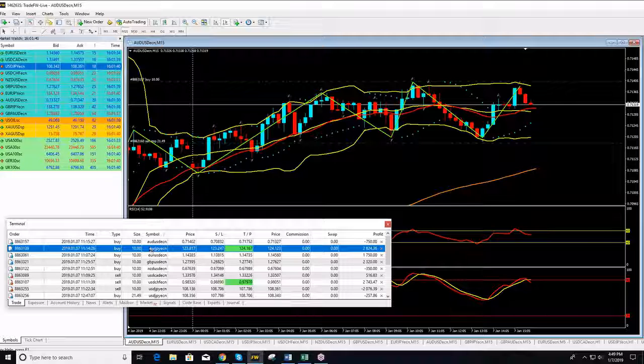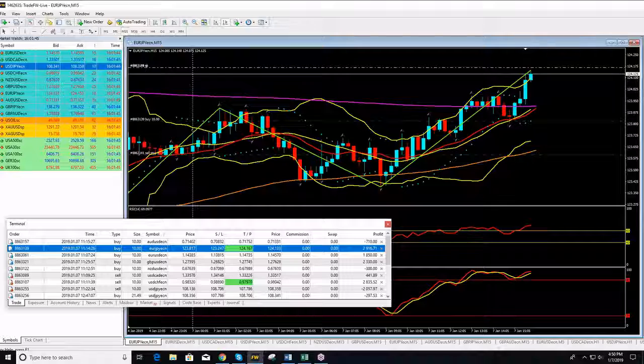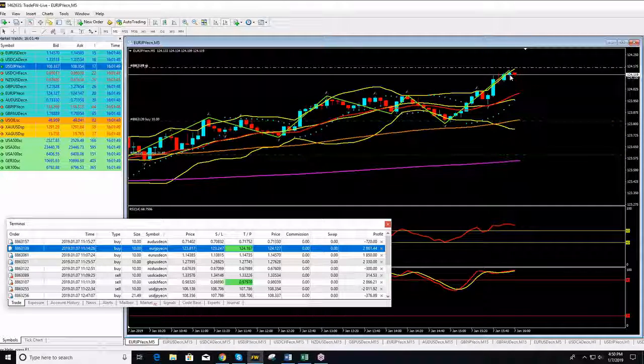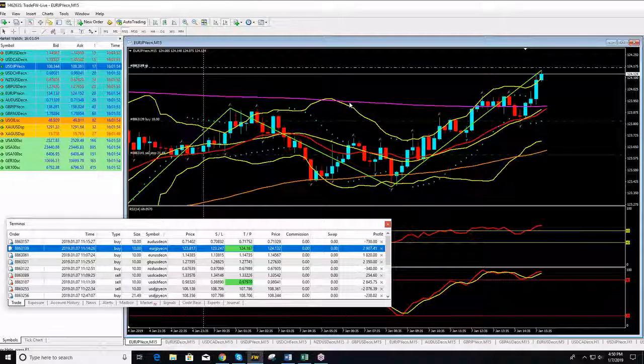Next one, we have a long position on Euro Yen, which on the 15-minute chart looks really bullish. I think it's the same situation on the 5-minute chart. New daily highs for the Euro Yen, guys, and above 124.